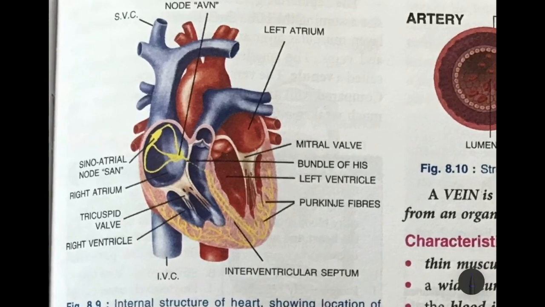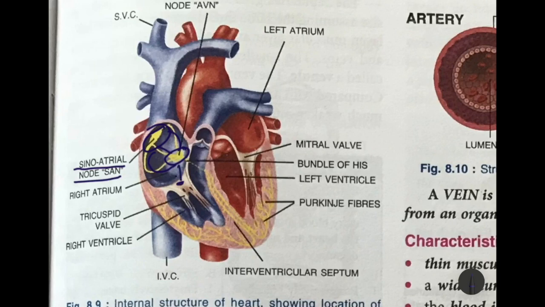So this diagram shows you the location of the pacemaker or the sinoatrial node, or SAN, on the wall of the auricle. You can see, and it goes down, and the AVN or the atrioventricular node is here, just near the interauricular septum, near the tricuspid valve. So this is the tricuspid valve.